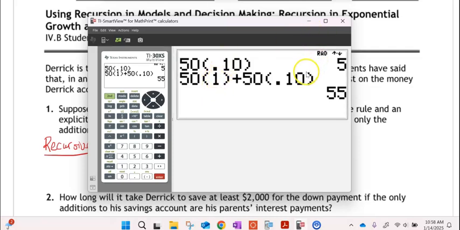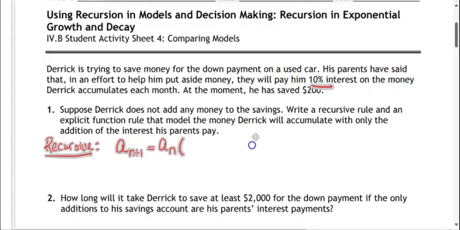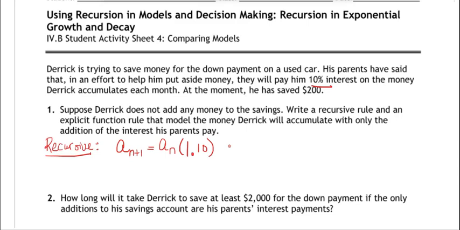So this is 110%. That's what this is saying. So in order to write my recursive rule, I need that 1, because that's that 100%, plus 0.10. So this is 110%. And you can see that even if I did 1.10 times 100, that gets me 110%.